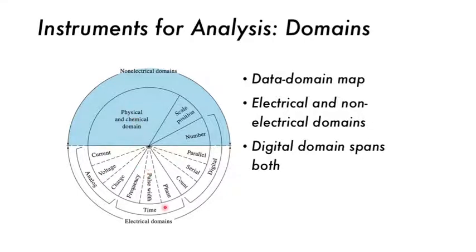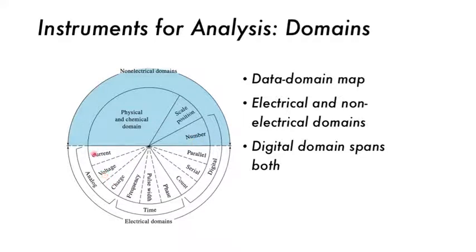So it's easier to measure the electrical domain, and it's also typically more accurate, and then convert that into some sort of physical and chemical domain. There's different types: analog, time, and digital. Digital spans parts of both electrical and non-electrical domains in the sense that it covers the number as well.